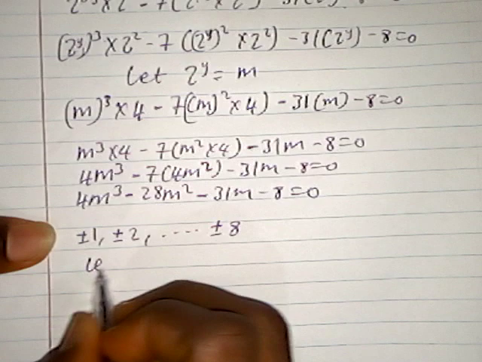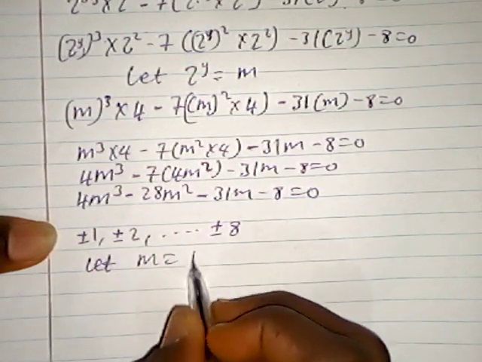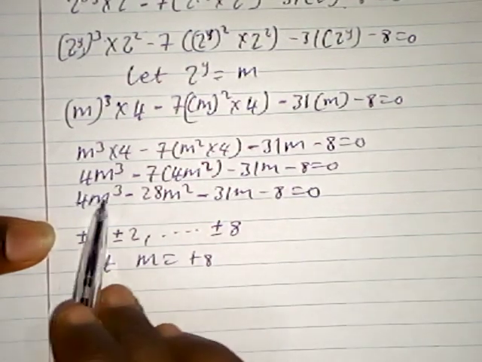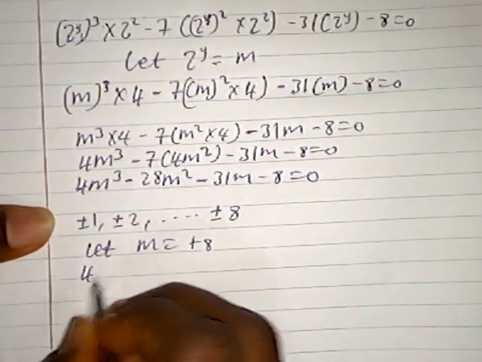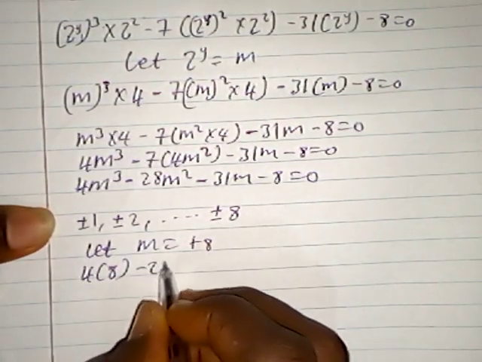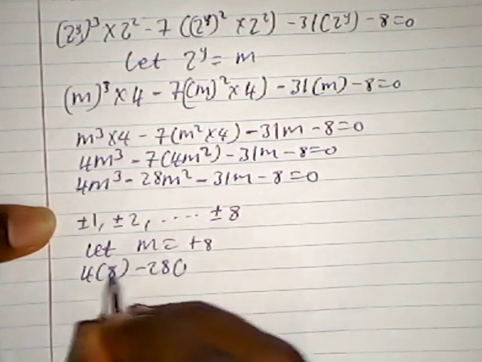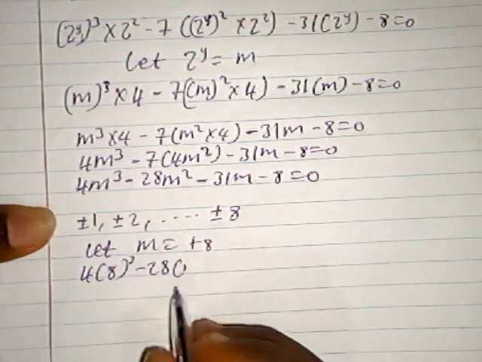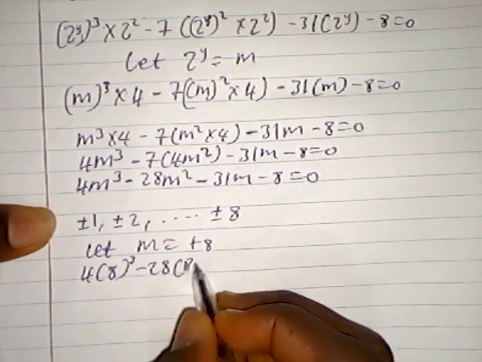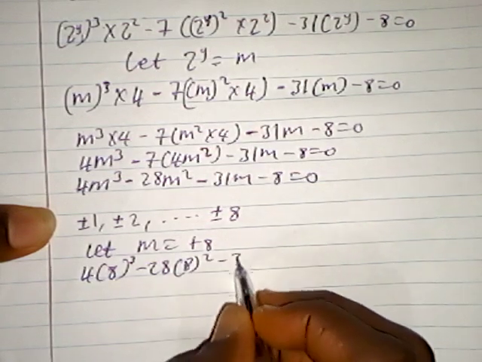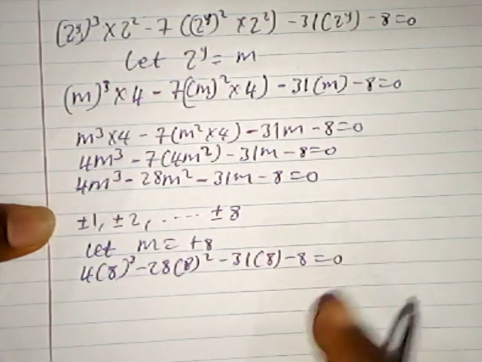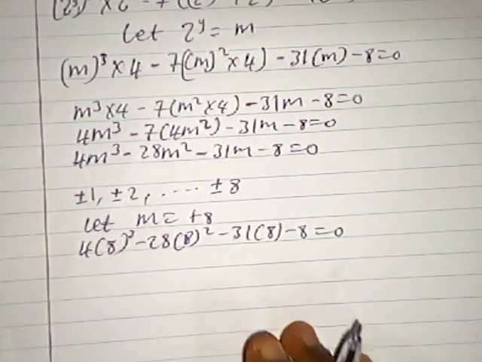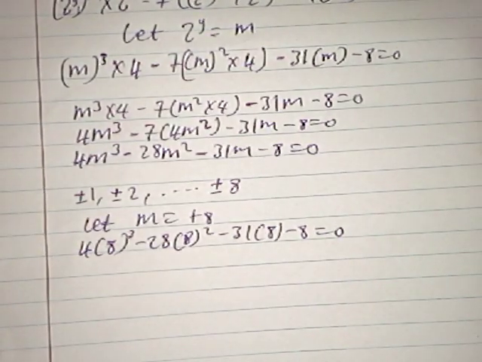Now let's see. Let m equals to plus 8. So we are going to take this cubic equation. Anywhere we see m, we are going to put what? 8. So say 4 into 8 cubed minus 28 into 8 square minus 31 into 8 minus 8 equals to 0. Do you see it? Good.